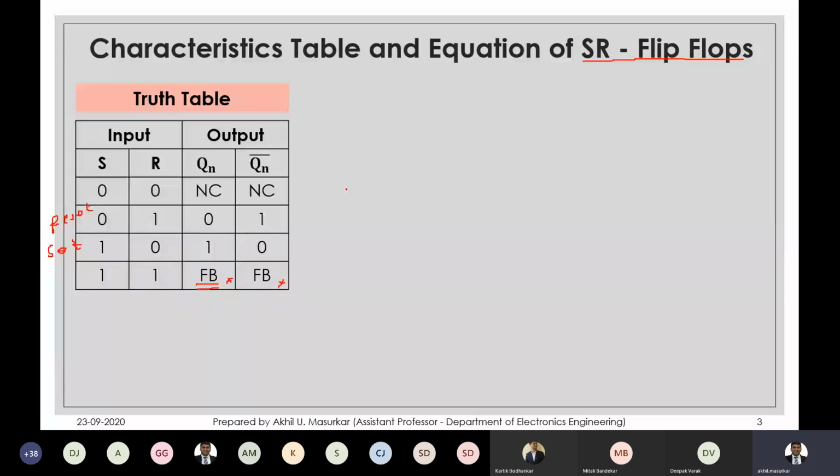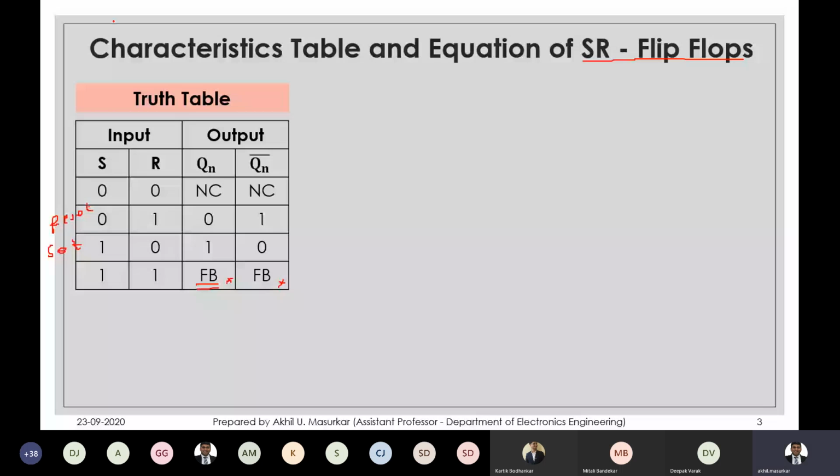Okay, good. I can see everybody has completed. Now you copy the truth table. You have already done this, but it is there in front of you. Now, the characteristic table gives me Qn and Qn plus 1.